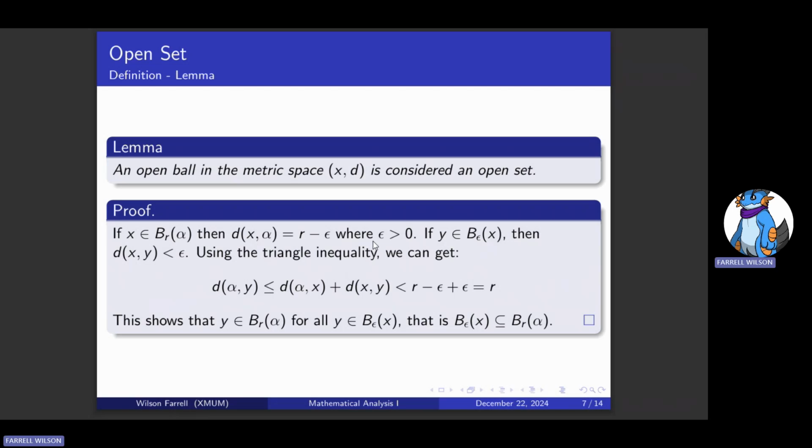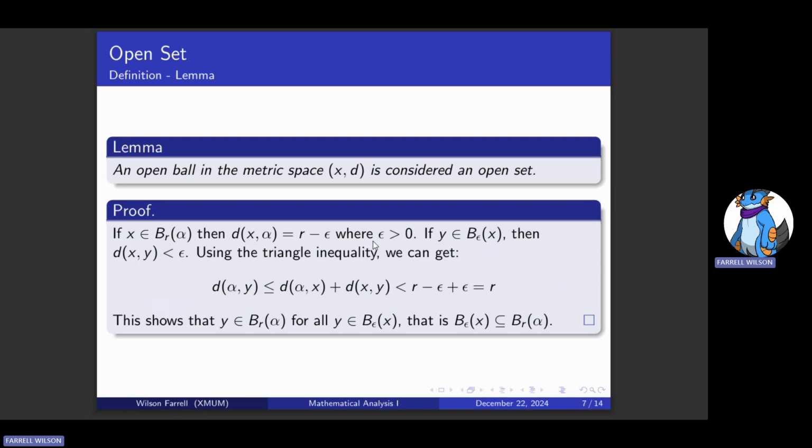For the lemma, it states that an open ball in a metric space is an open set. In order to prove that, we say that if x is in the ball B(alpha), then B(x, alpha) equals r minus epsilon, where epsilon is greater than 0. If y is in the ball of epsilon around x, then d(x, y) is less than epsilon.